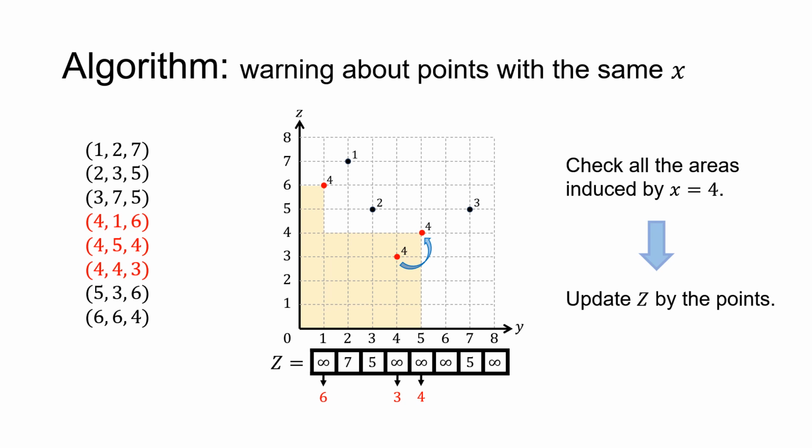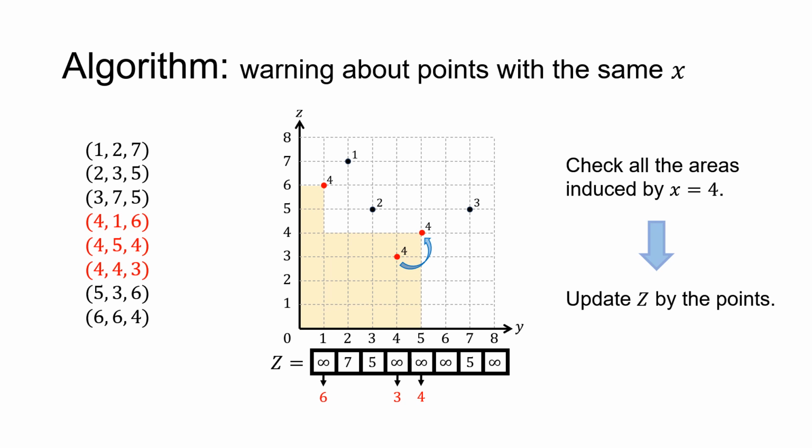How do we avoid this error? One approach is to check all the areas induced by the points with the same x-coordinate before updating array z. In this way, when taking a range minimum, the x-coordinates of all the points in the diagram are always less than the x-coordinate of the new point.